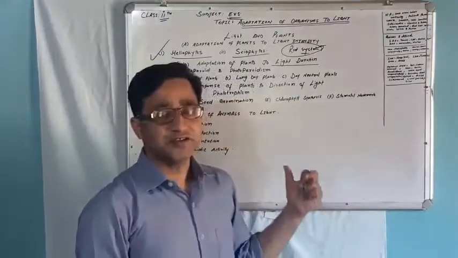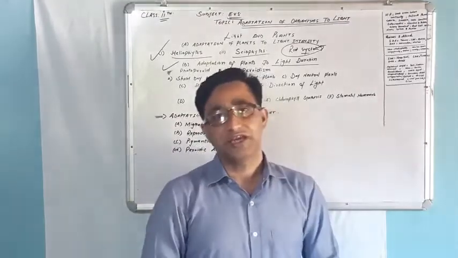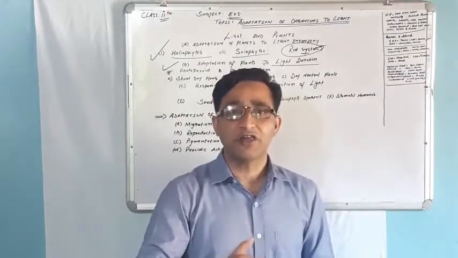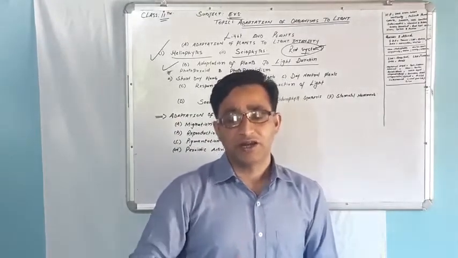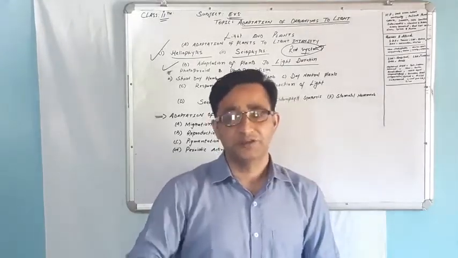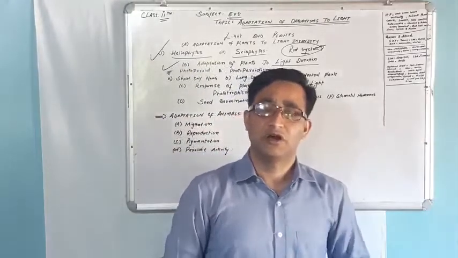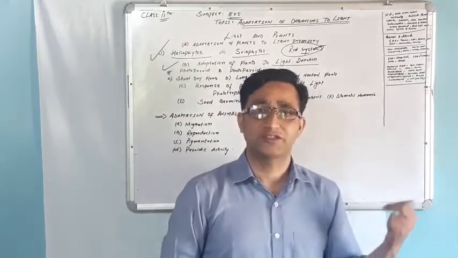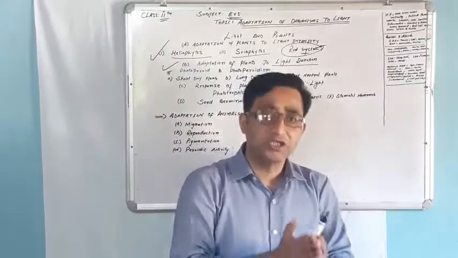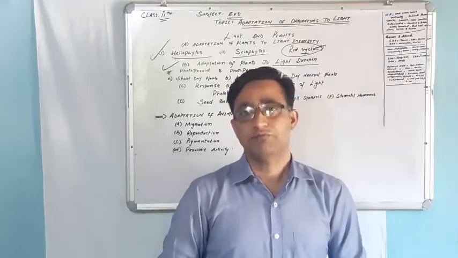This photoperiodism influences the flowering in case of the plants, and accordingly it was Garner and Allard who divided the plants into three categories depending upon their flowering response towards different photo periods, that is short photo periods, long photo periods. गार्नर और एलार्ड ने प्लांट्स को तीन कैटेगरीज में डिवाइड किया, showing their response towards the photo periods.